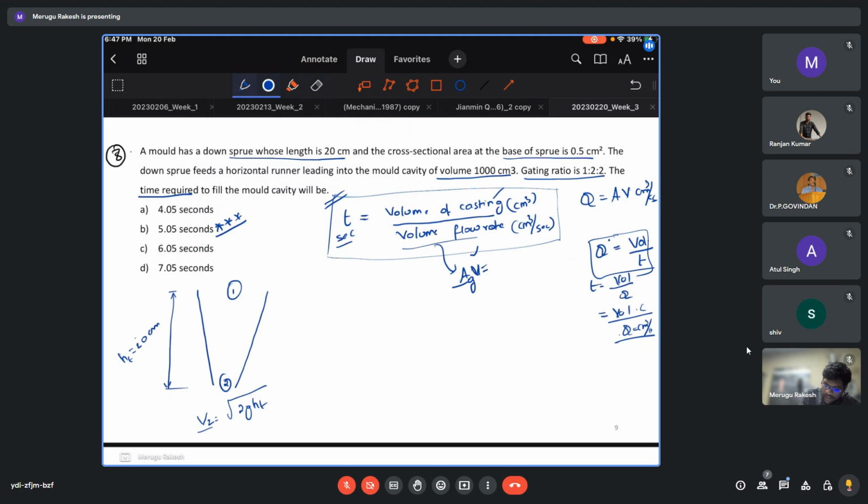In order to calculate this gate area, we are given the sprue base area, that is A sprue is 0.5 centimeter square, and we have a gating ratio relation of 1 is to 2 is to 1. So 2 times the A gate area is nothing but A sprue area. So A gate area is nothing but 0.5 by 2 centimeter square.